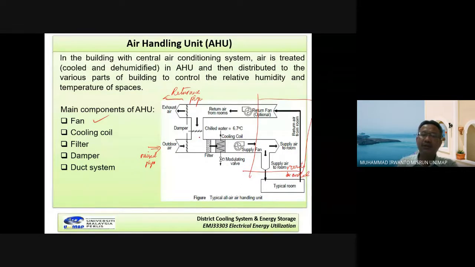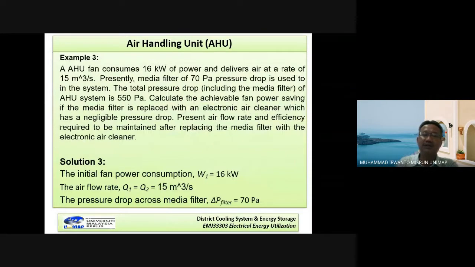So if we want to change the filter to an electronic device, how much efficiency, how much energy can be saved? Following this example: an air handling unit fan consumes 16 kilowatt of power and delivers air at a rate of 15 meter cubic per second. Presently, a media filter of 70 Pa pressure drop is used in the system.